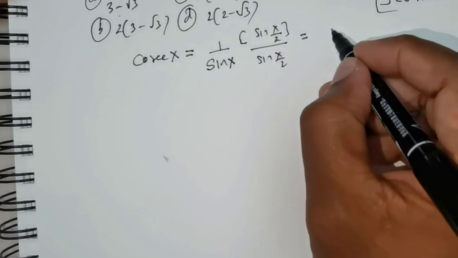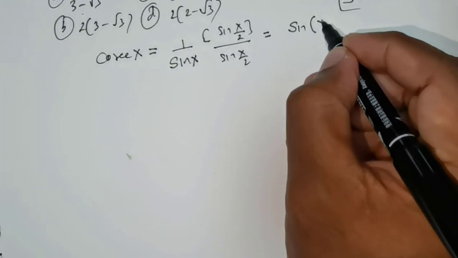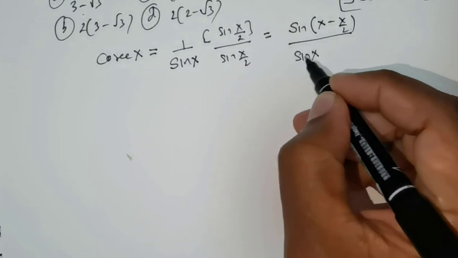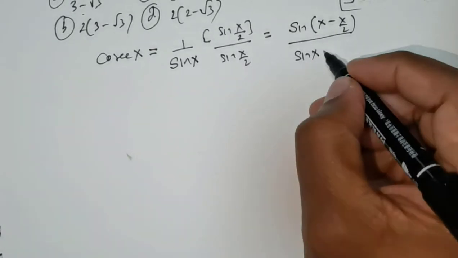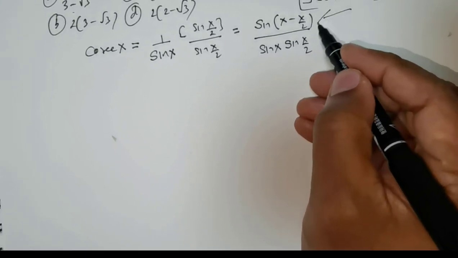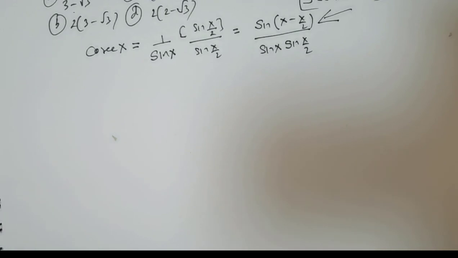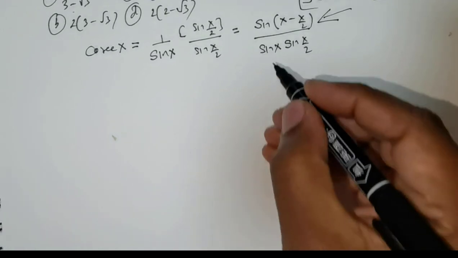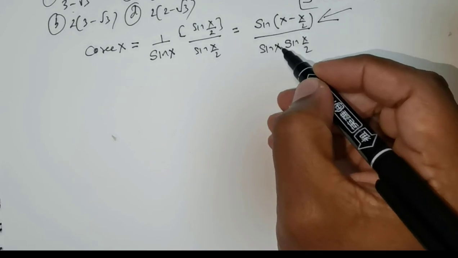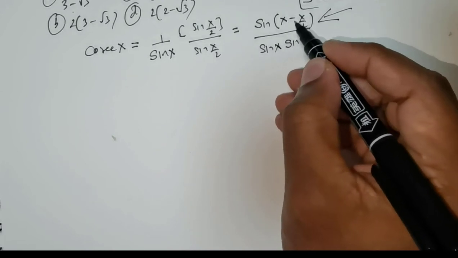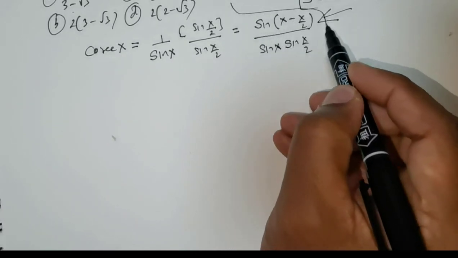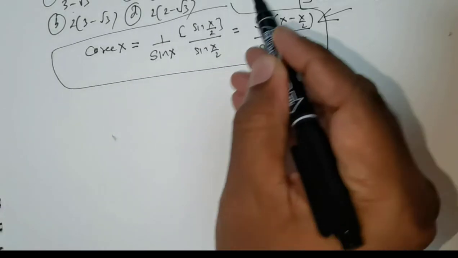I rewrote the numerator as sine of x minus x over 2, and the denominator is sine x times sine x over 2. The numerator's angle is the larger angle minus the smaller angle. That's exactly what I placed here, and that idea is what I'm going to follow in solving this question.